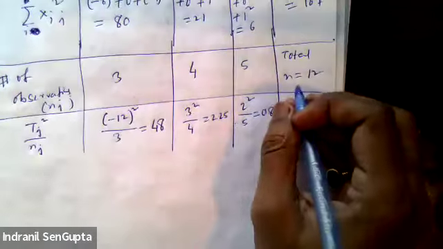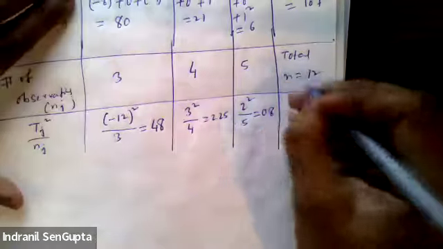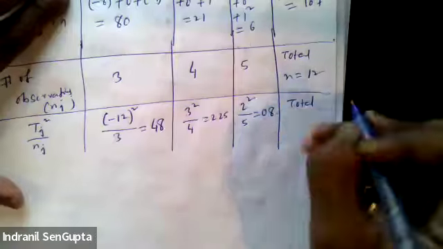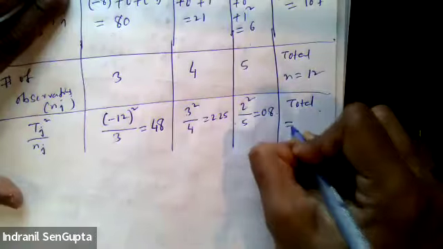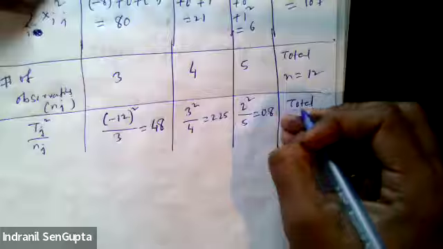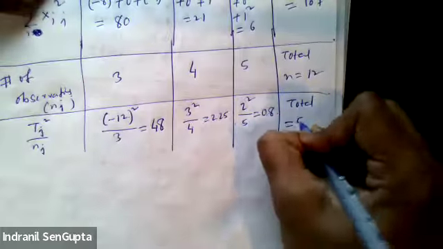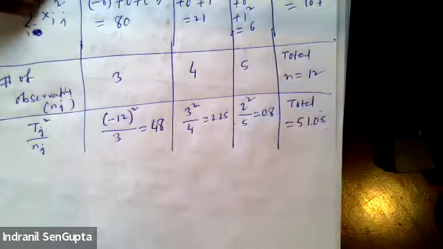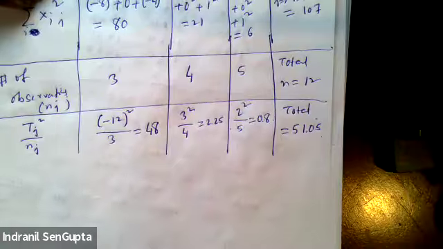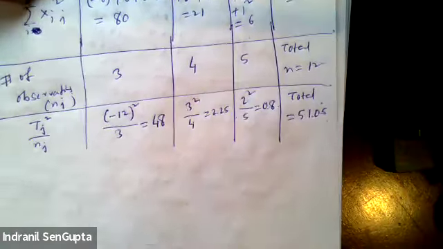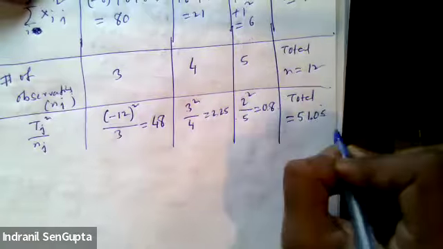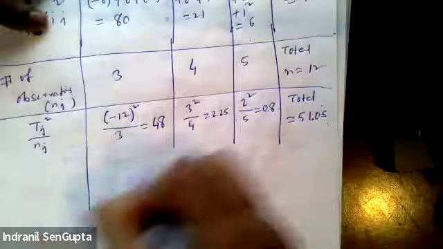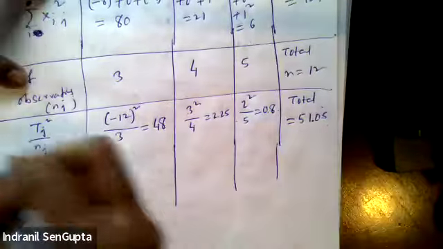So the total, if I add all these, is going to be 51.05, approximately, or actually exact. Okay, so up to this, understood.